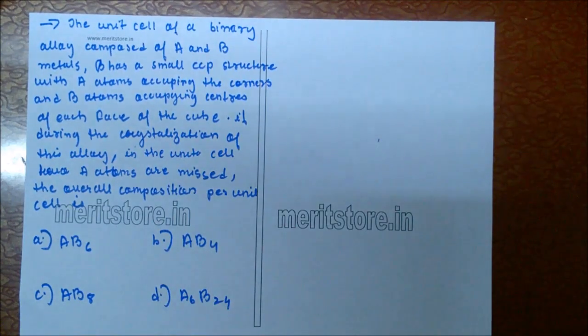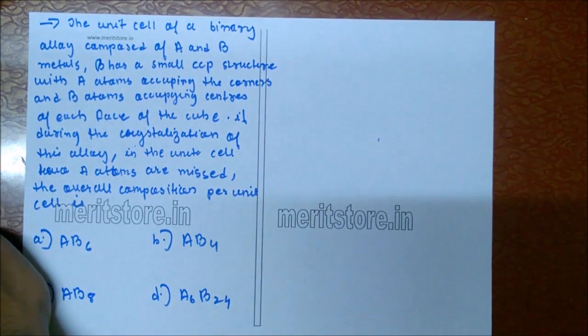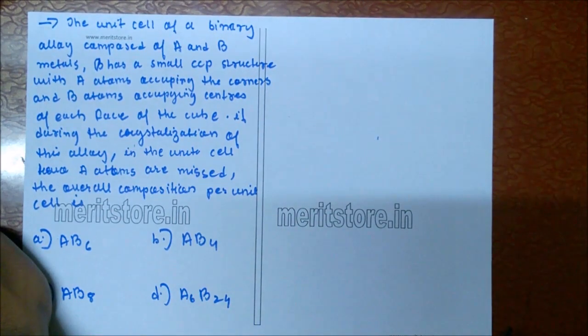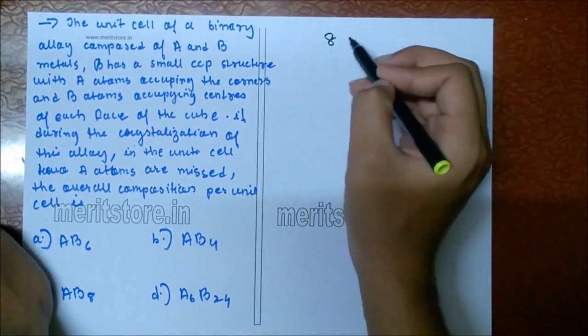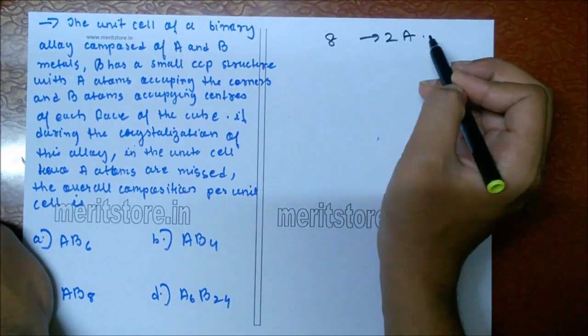A unit cell of a binary alloy is composed of A and B metals. It is a CCP structure with A atoms occupying the corners and B atoms occupying the center of each face of the cube. If during crystallization of the alloy two A atoms are missed from the unit cell, the overall composition per unit cell is? Permitted number of A atoms for CCP is 8, but two A atoms are missing.